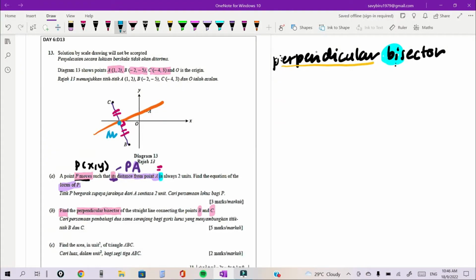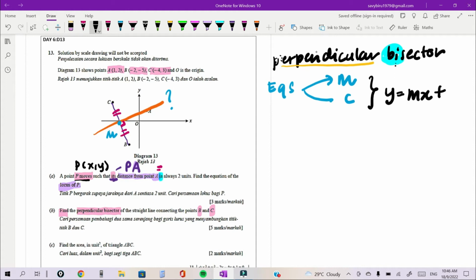Okay, so you must find the equation of this line. To find the equation of this line, you must find the gradient of the line first, and then you must find the y-intercept of the line. Always remember y equals mx plus c. So you need to find the gradient and the y-intercept.